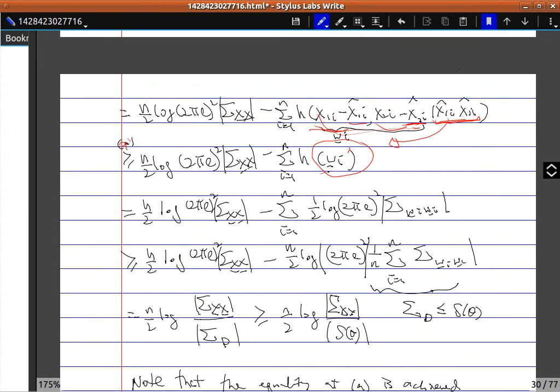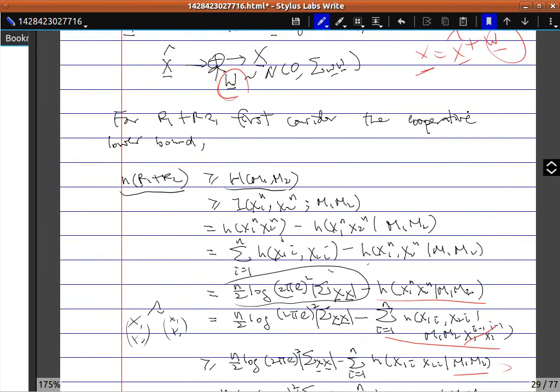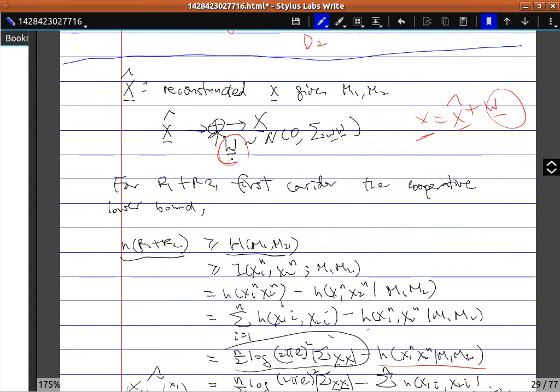We use the fact that w is perpendicular to x hat when the estimate is optimum; the error should be independent of x hat.